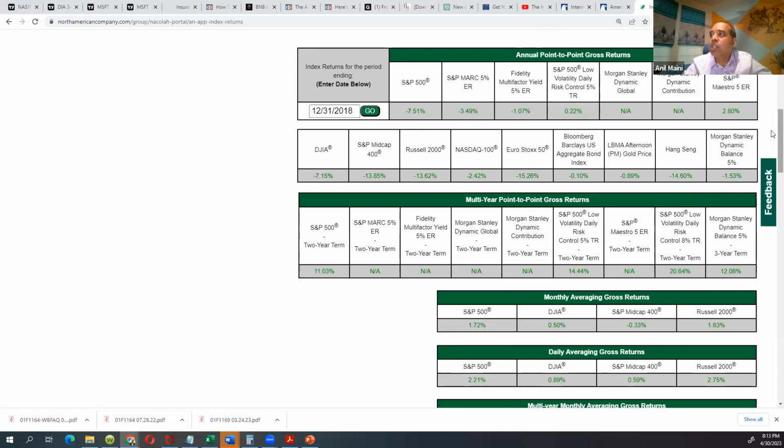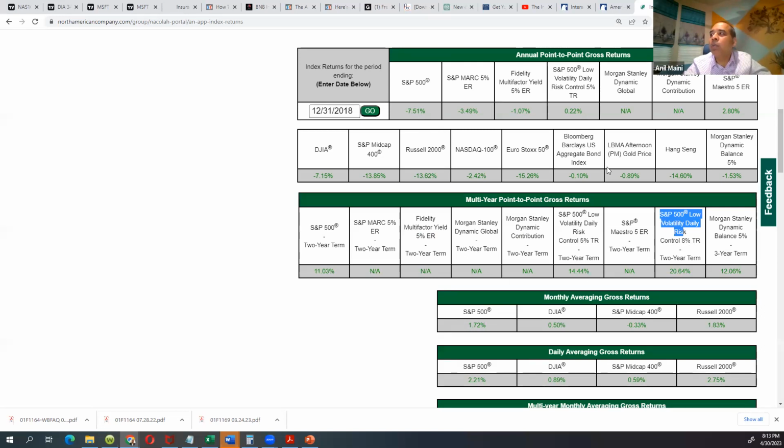You see that S&P went down in 2018. Most of the indexes are down that year, but still there is multi-year point-to-point growth. This is 2-year, that's why it is positive. This is a 3-year term, that is why it is positive.